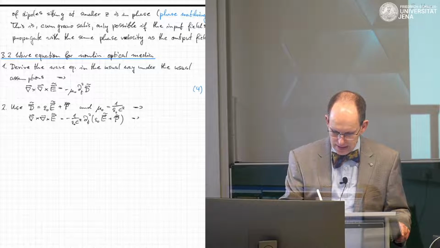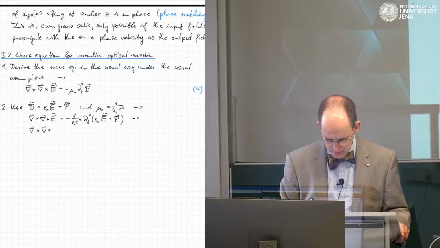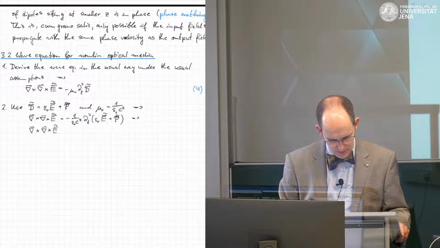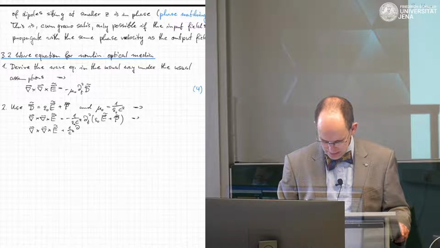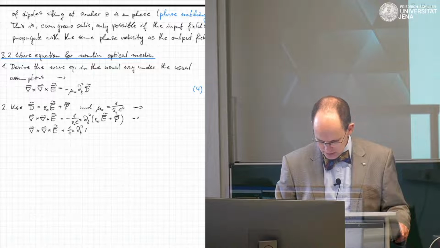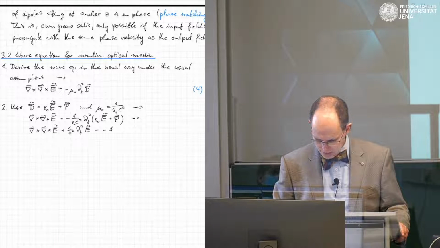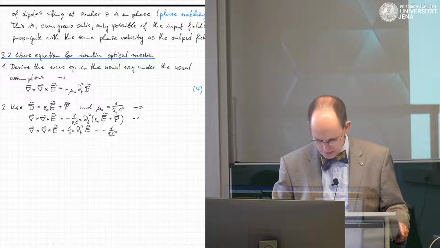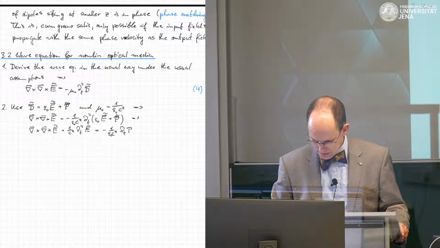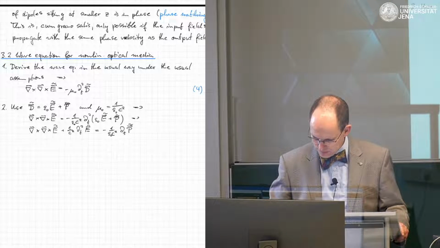So we get, therefore, that the curl of the curl of the E field plus 1 over c squared and the second derivative of the E field is equal to minus 1 over epsilon 0 times c squared, and then the second derivative of the polarization. So that's equation 5.